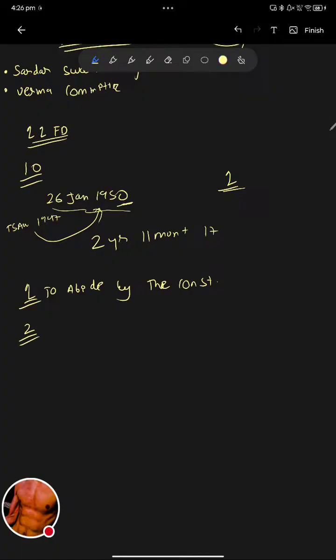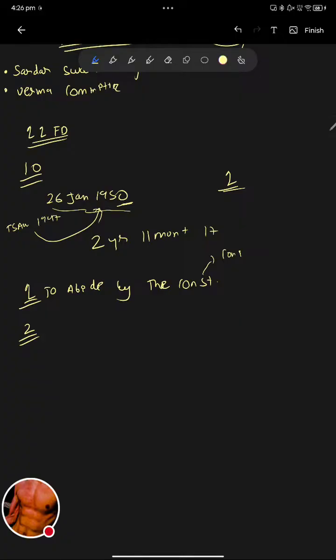Then second is to abide by the Constitution and to respect the monuments that are made, like the Red Fort and all that, which people usually climb whenever they have to protest. That is in violation of a fundamental duty.